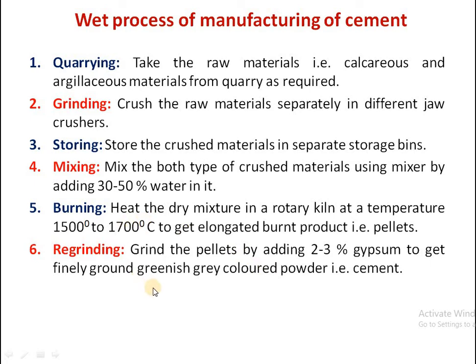So there is only a change in specification values. We should add water, the temperature is more than 1500 degrees Celsius, and the burnt products are pellets. All other steps are identical. So we'll go further.